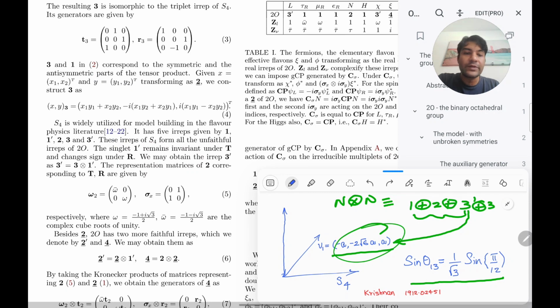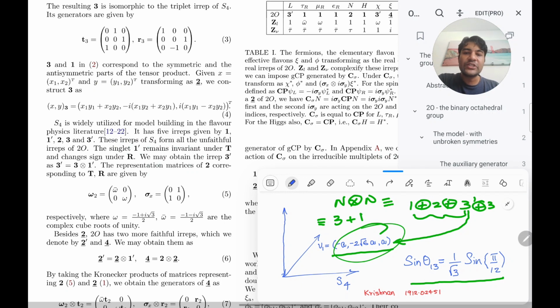I could not make any progress after working for many months. So then I decided that maybe I can take the right-handed neutrinos as doublets of the binary octahedral group, so that the expansion would be nothing but 3 plus 1, so that the construction would be easier.